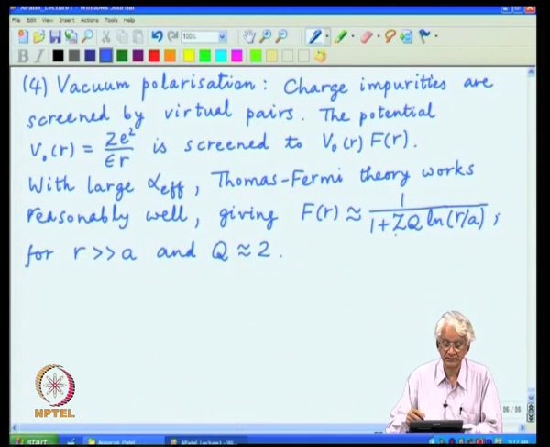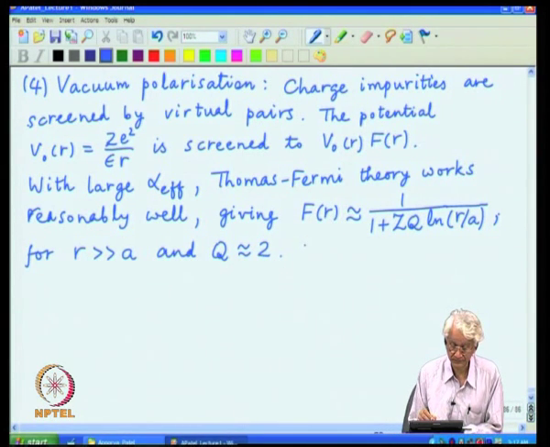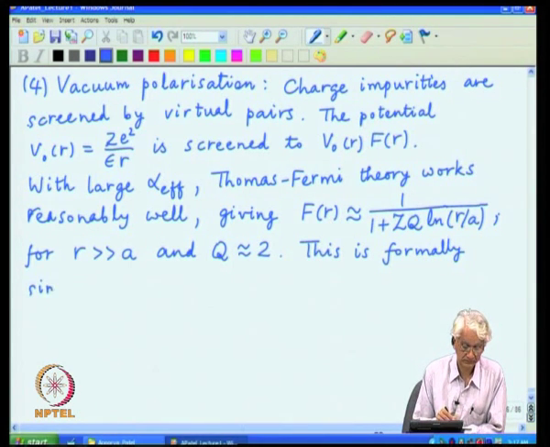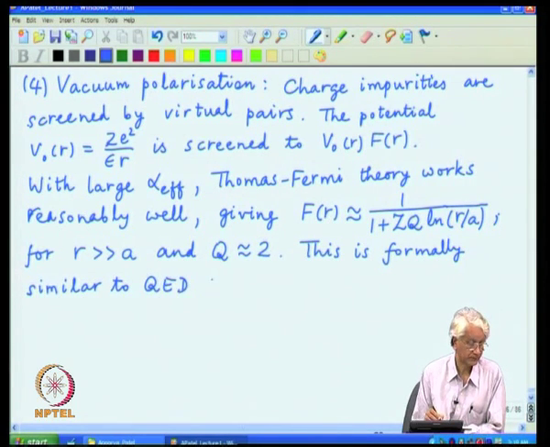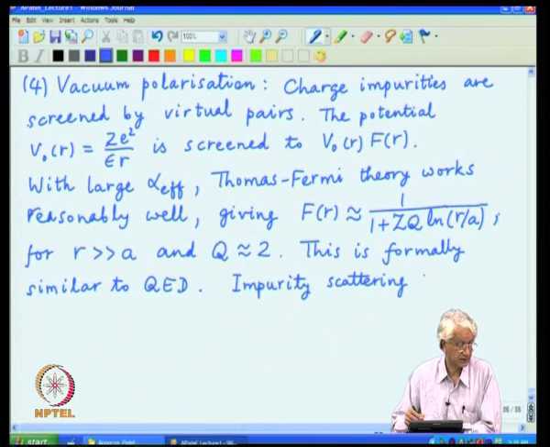The only things here are the parameters are different, the consequence is that impurity is not as efficient as a bare charge in terms of scattering.